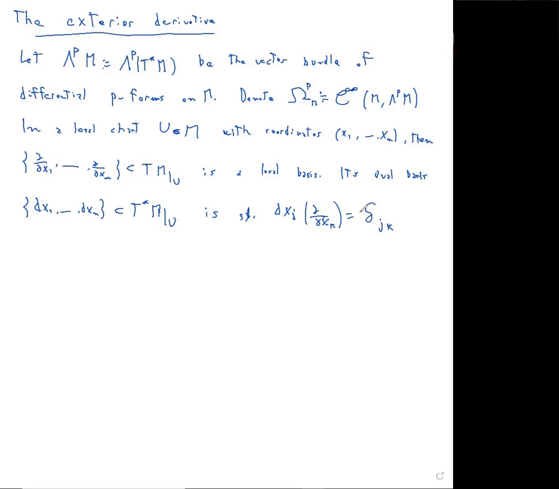Yeah, so this is the Kronecker delta, 1 if these are the same, 0 otherwise. And we also saw back when we defined the differential on functions that this dxj is a symbol that represents the dual of this, but it's also the differential of the function xj, if you think about it that way.